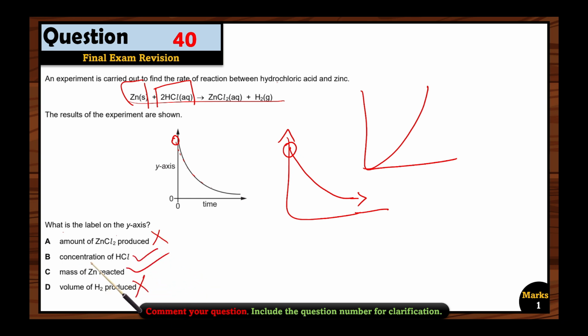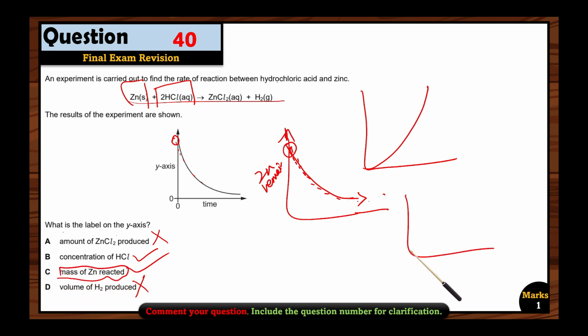Now let's see concentration of HCl or mass of zinc reacted. If you plot the graph for zinc, then slowly the zinc will reduce. So that would be the remaining zinc showing on the graph. But they say the mass of the zinc that has already reacted.